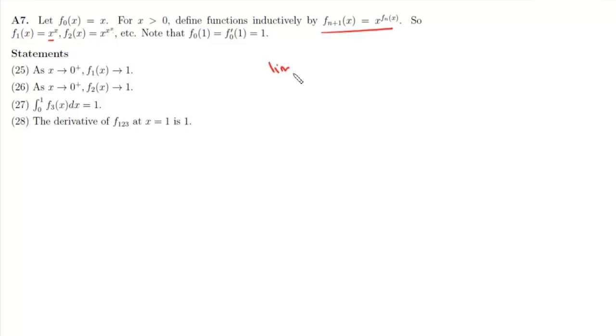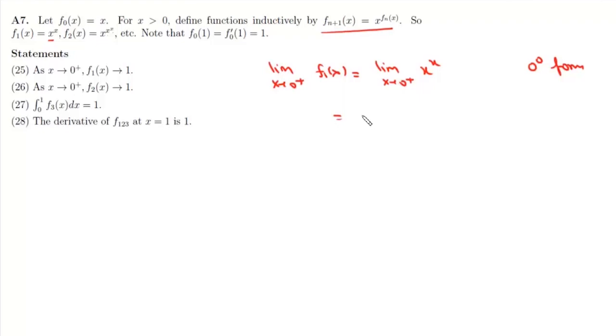So we have defined this limit x tends to 0 positive of f1(x), and f1(x) is x to the power x. So it will be this limit x tends to 0 positive of x to the power x, which is 0 to the power 0 form.